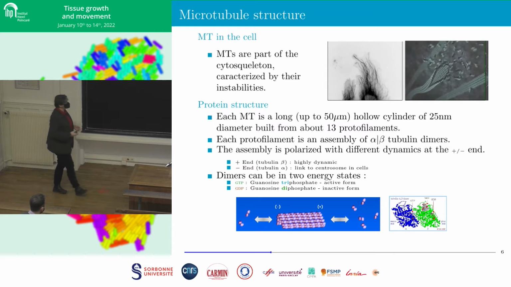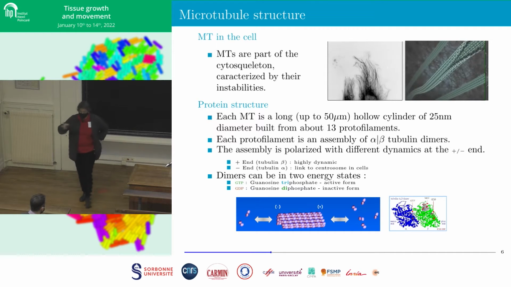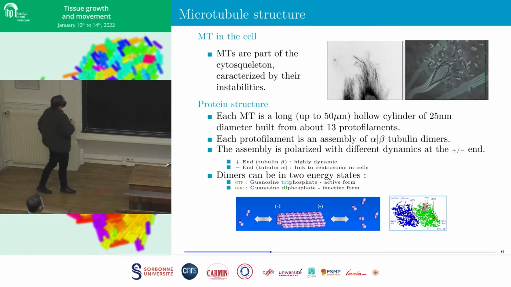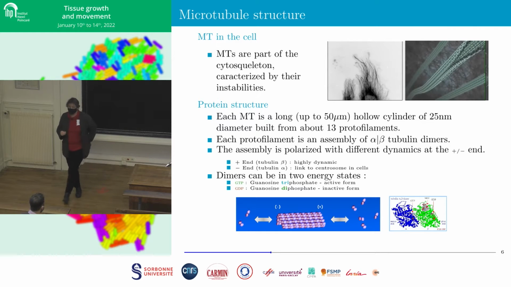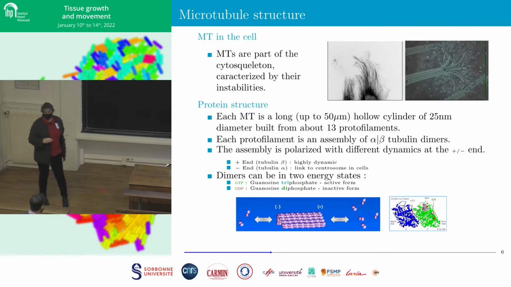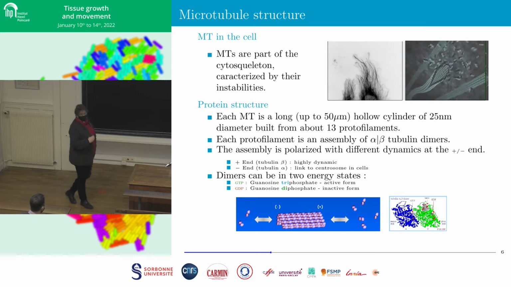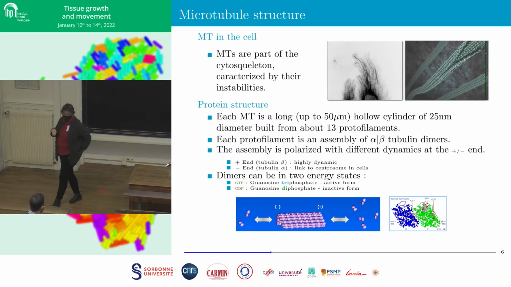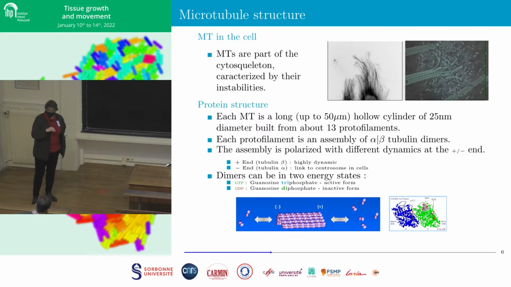But the beta end, called the plus end, is highly dynamic. In fact, these dimers are in two different energy states. One state is more stable than the other one. The stable state is called GTP, whereas the unstable state is called GDP.